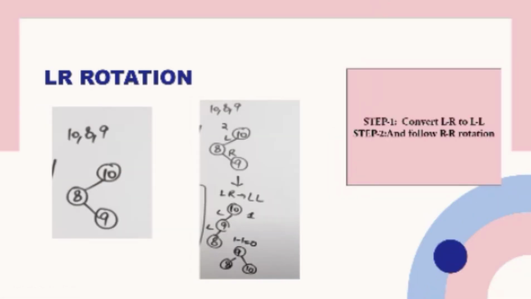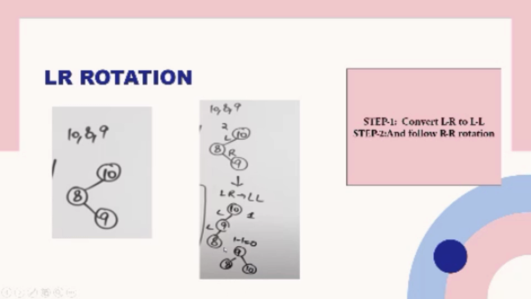Now moving on to LR rotation. Here we have taken an example of 10, 8 and 9 which are arranged in a binary search tree format. If we convert the LR to LL and then follow with the RR rotation, then it's easy to make this imbalanced binary search tree into a balanced binary search tree which satisfies the properties of AVL tree.